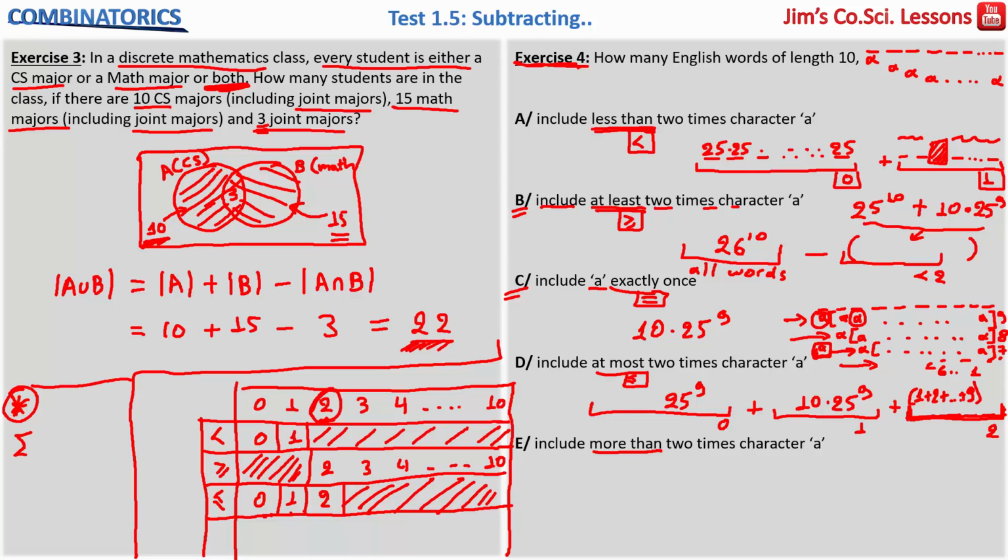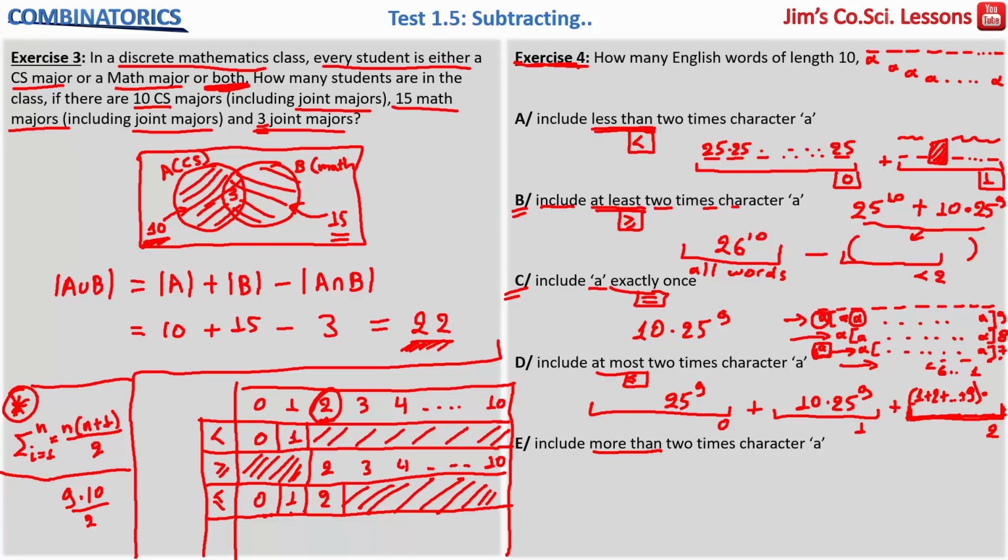Calculate by Gauss's formula: the sum from i equals 1 to n equals n times n plus 1 over 2. So the sum from i equals 1 to 9 will be 9 times 10 over 2, and it will be 45.